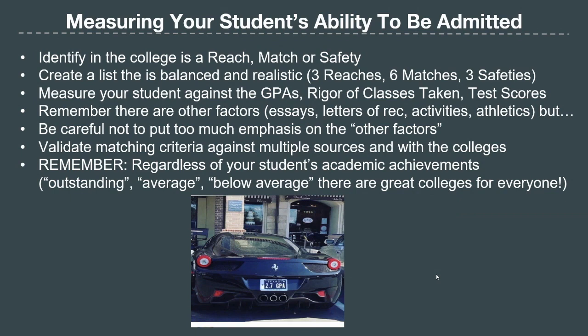Now, there's ways to define that, which we will save for the end, because if you're curious of how to do that, we're going to give you some parameters that we use that you can feel free to apply as well. We want you to create a list that is balanced and realistic. And in general, what we suggest are 3 reaches, 6 matches, and 3 safeties for a total of 12 schools.